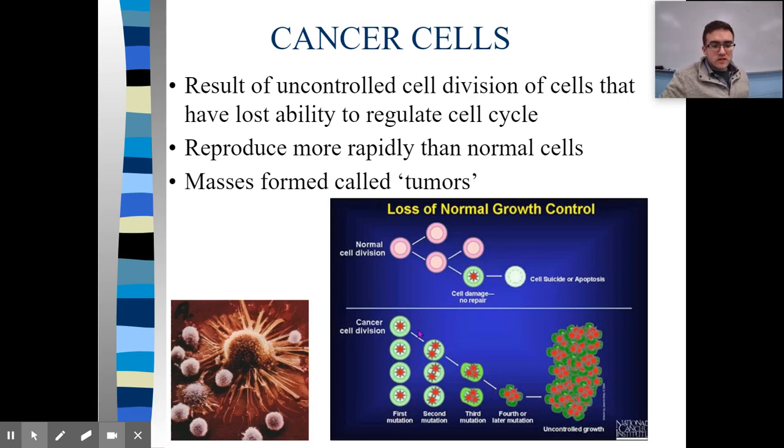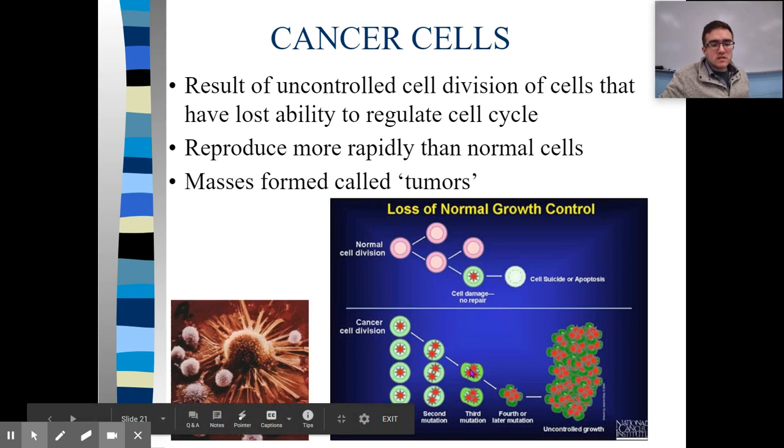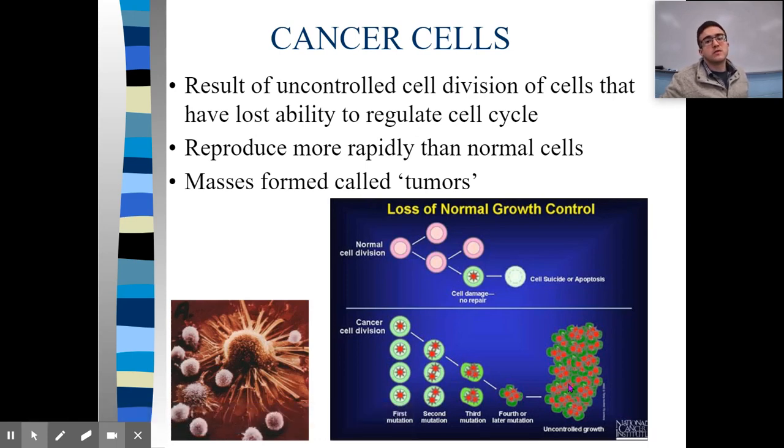So it just grows and grows and grows until there's a mass of cells formed. And that's not good, because that can cause tons of problems. So that's it for mitosis and the regulation of the cell cycle.